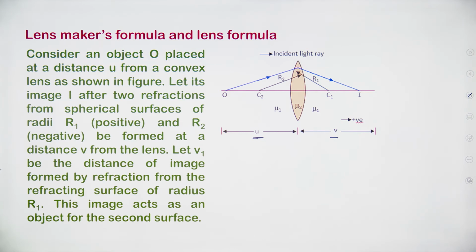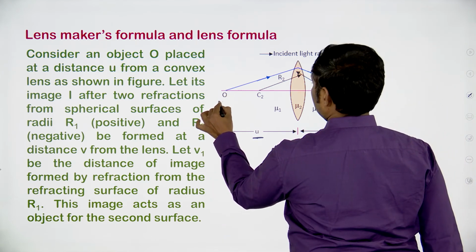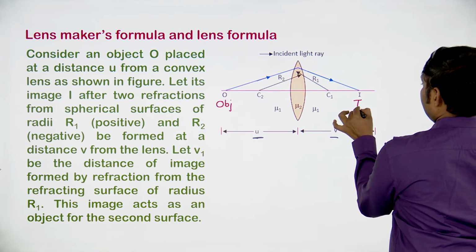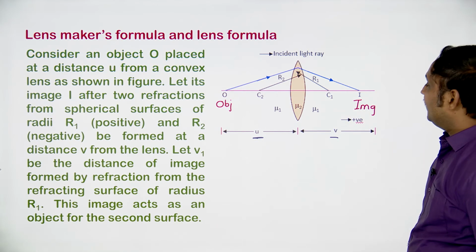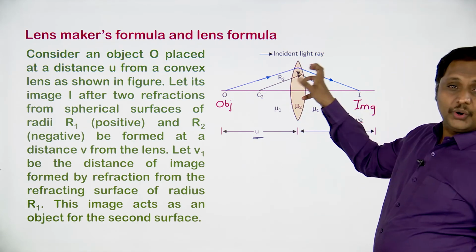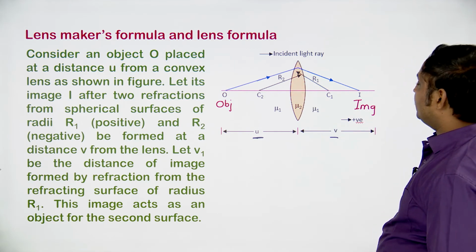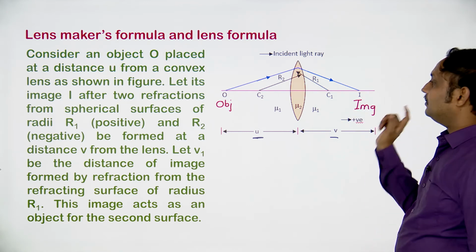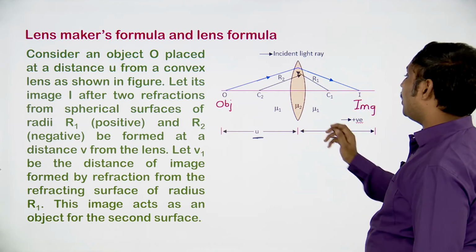Let its image be I, which is going to be here, after the two refractions from the two curved surfaces, the spherical surfaces of radii R1 and R2.